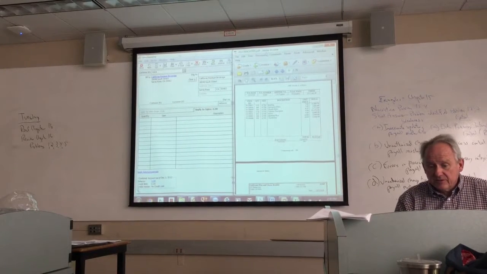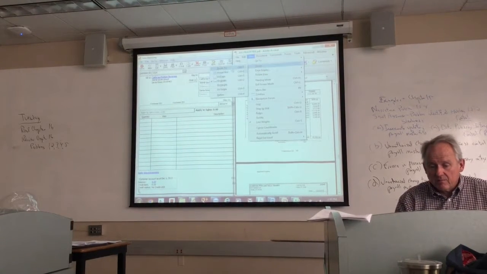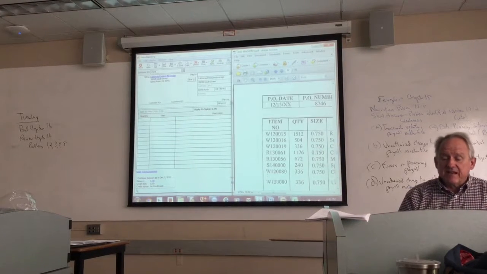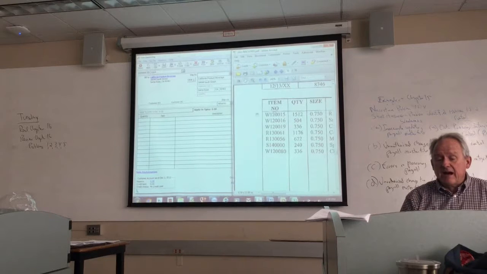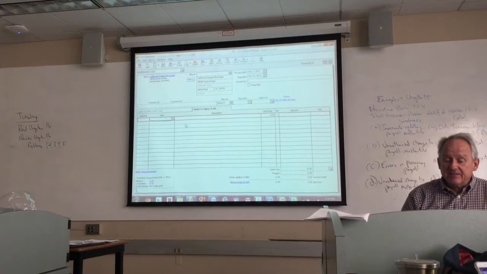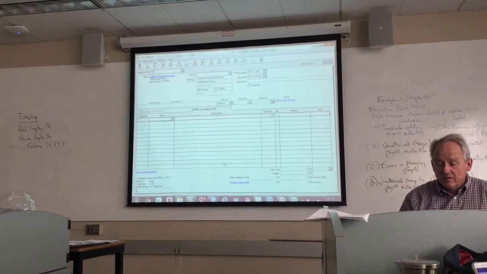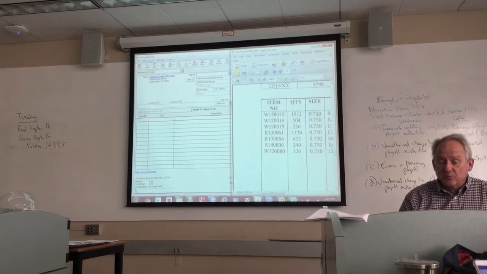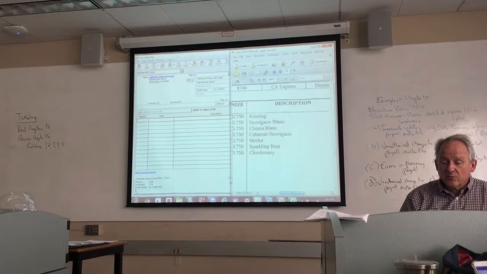Let me zoom in a little bit. You're going to see how straightforward this is. If they want to buy this item, you're going to have it set up over here. That particular item, 1215, is for Riesling. It's for wine.